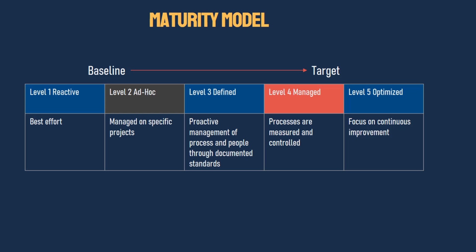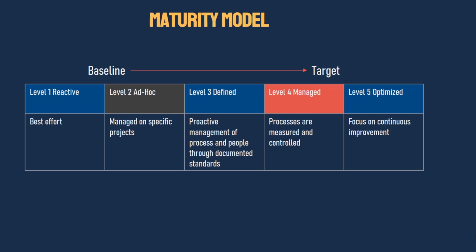Ad hoc, where perhaps we are doing very well at managing process and policies, but only on specific projects. Defined, where we proactively manage our process and people through well-documented and coached standards. Finally, level 4, where we are managed and our processes are measured and controlled.